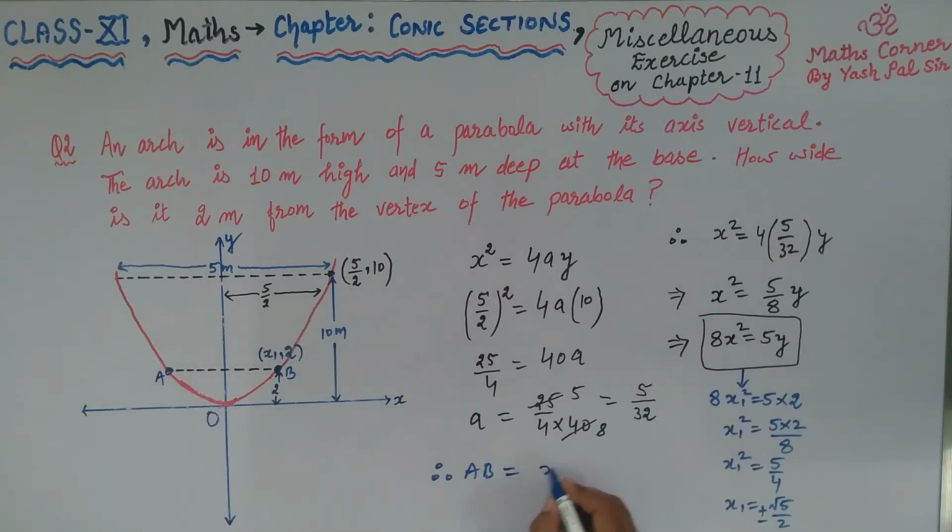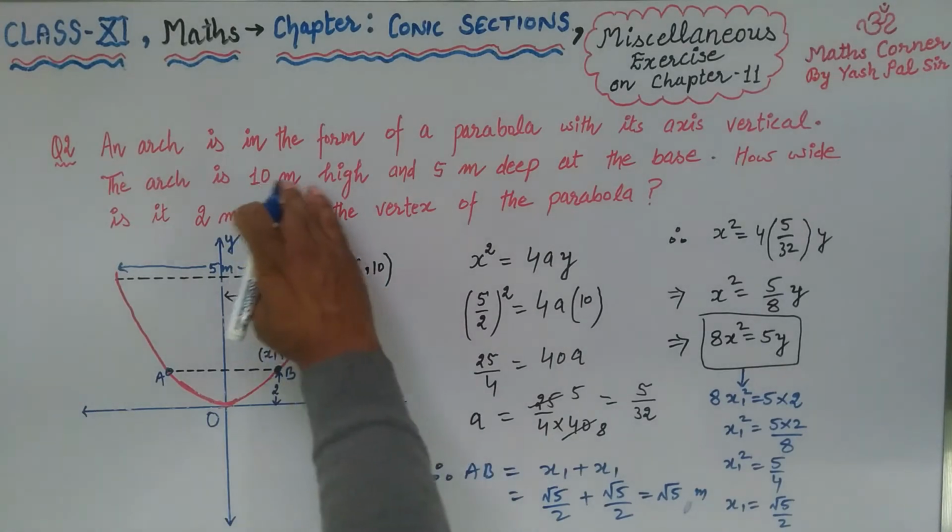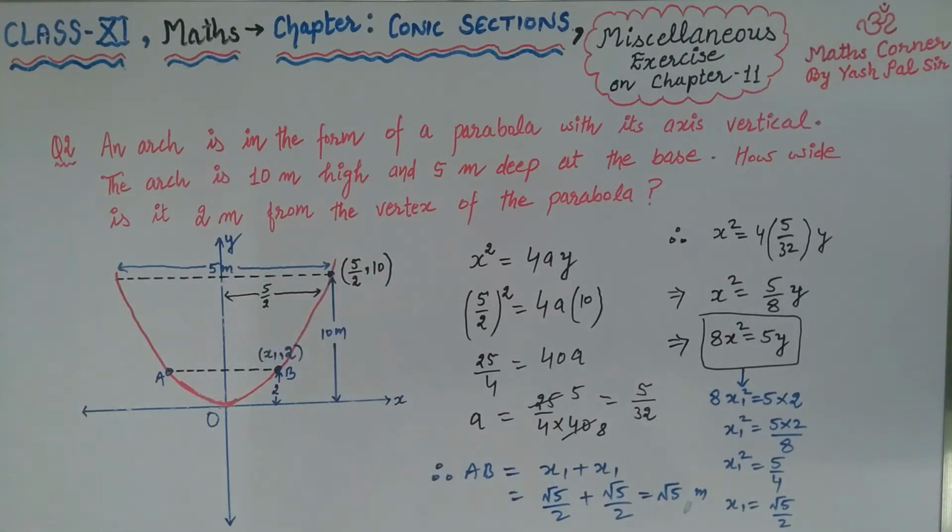AB is x1 plus x1, that is 2x1. The whole distance is positive. So x1 is square root of 5 upon 2 plus square root of 5 upon 2, which becomes square root 5 meter, as everything is in meters. So the value of AB is square root of 5 meter.